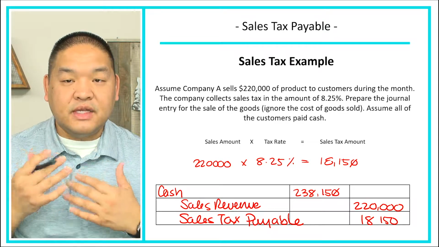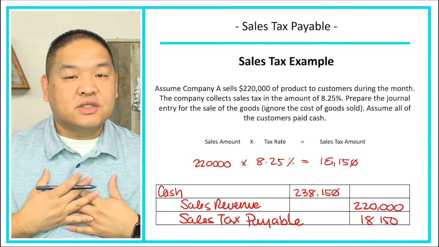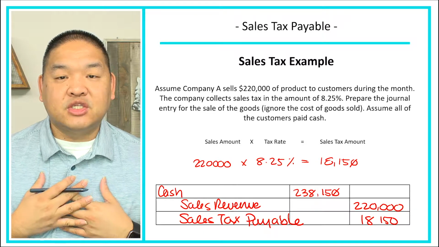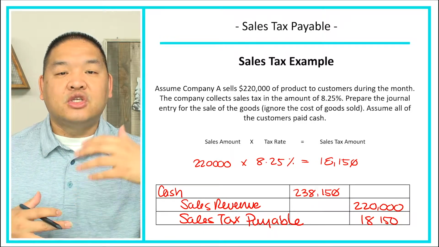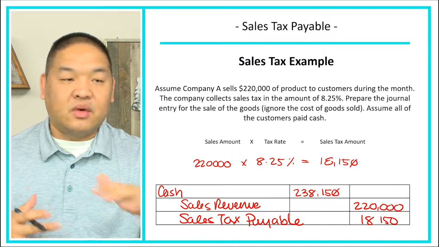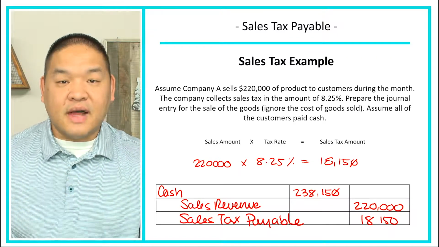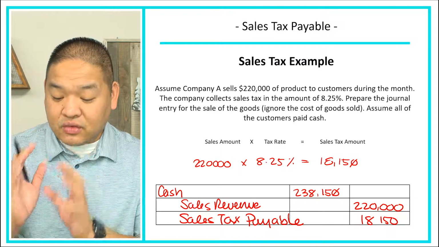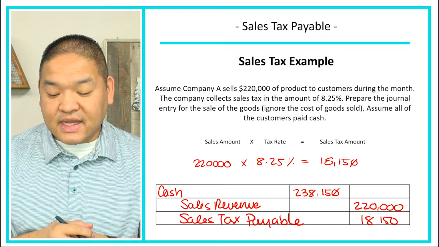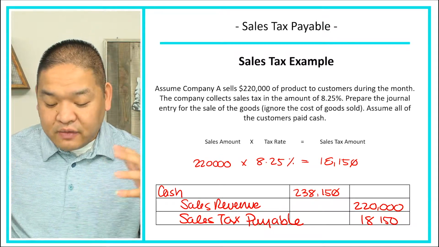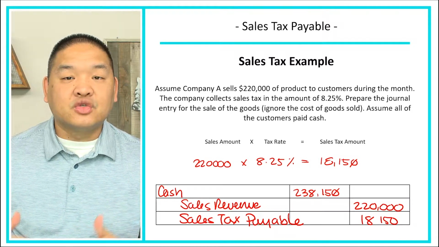Because it's a liability to us, we are just merely the middleman in this situation, and we're going to remit this amount to the state government or local government or whoever collects it at the end of the day. So that's how we would treat a sales tax. Now, notice that we've integrated the sales tax with the sales revenue.